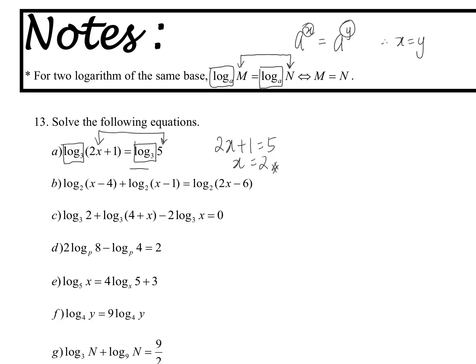So in order for you to compare the left with the right, you need to combine this into one. The idea is both must only have 1 log expression before you can compare. So this one I combine first. This one becomes plus, times the 2 expressions together. So inside becomes like that. Then on the other side, you have log base 2 of (2x minus 6).